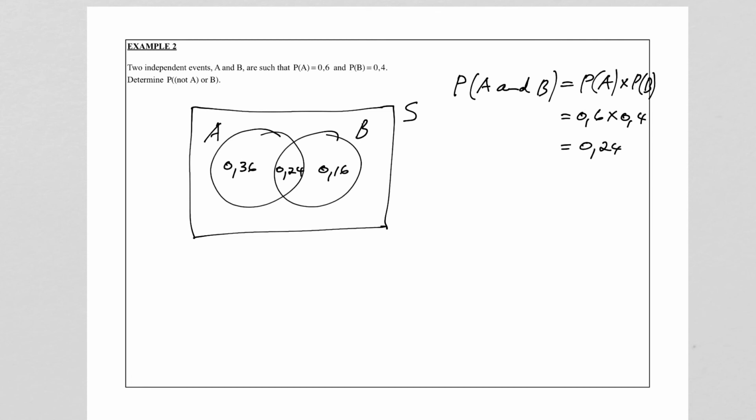So now we've got all three of these, 0.36, plus this, plus that. And we need to add those three, subtract it from 1, so that we get what is outside. So if I just write it down, I will say 1 minus 0.36 plus 0.24 plus 0.16.